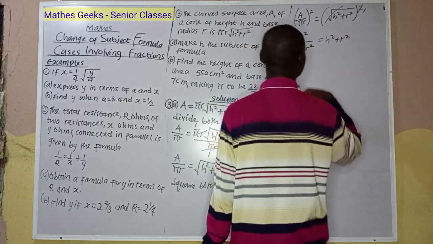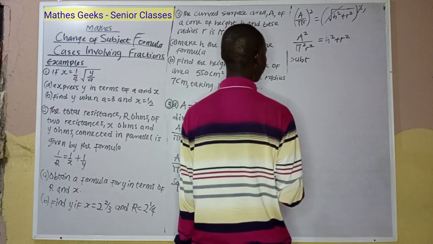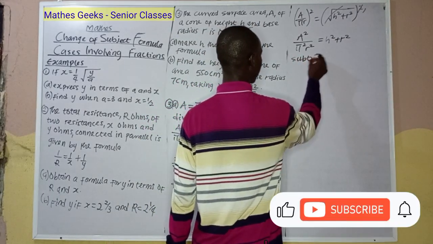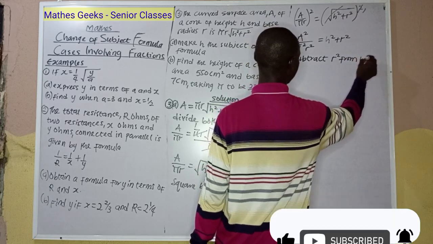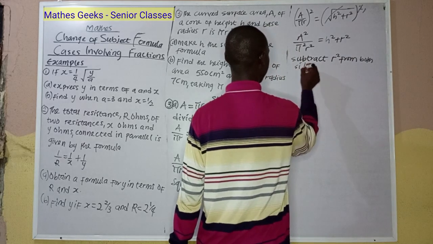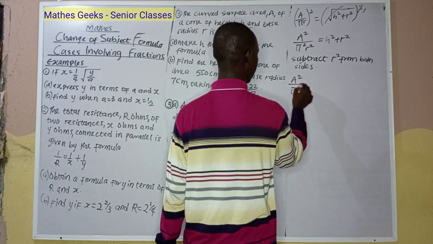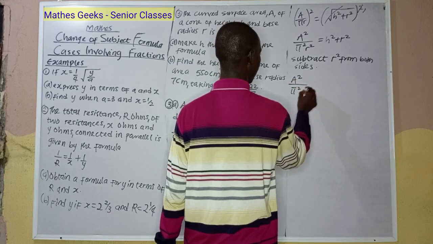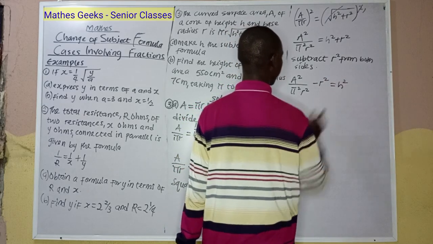Now we need to eliminate r squared from here. To do that, we subtract r squared from both sides. So A squared over pi squared r squared minus r squared is equal to h squared.